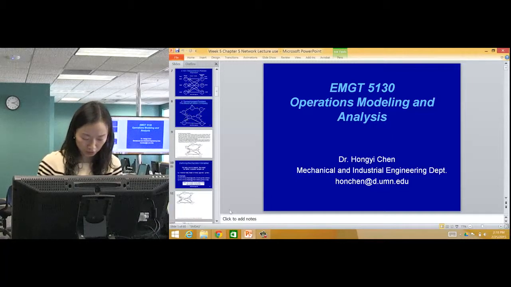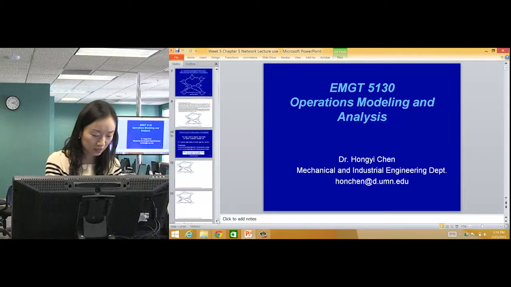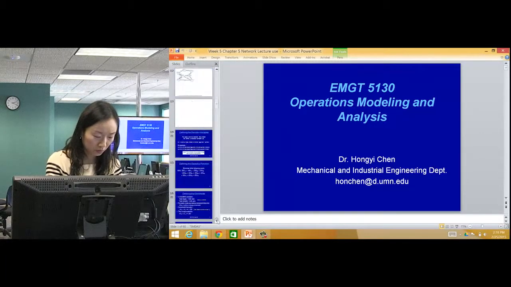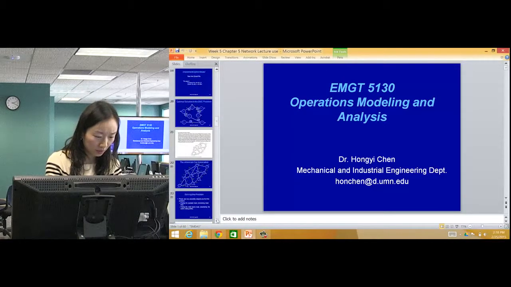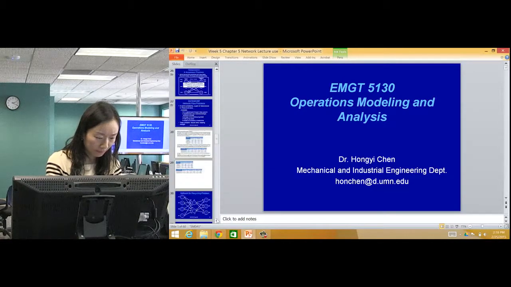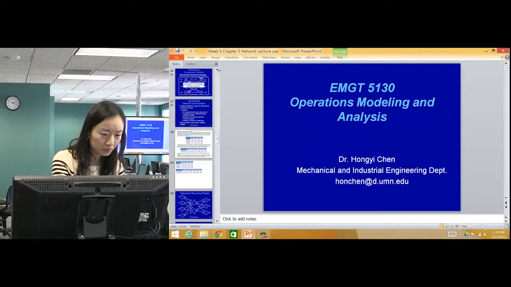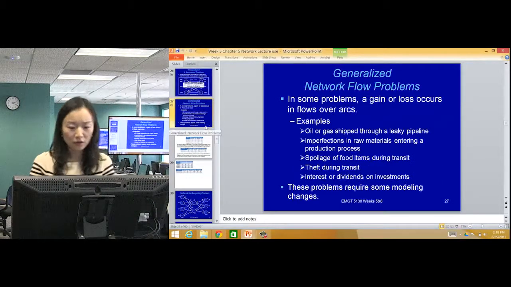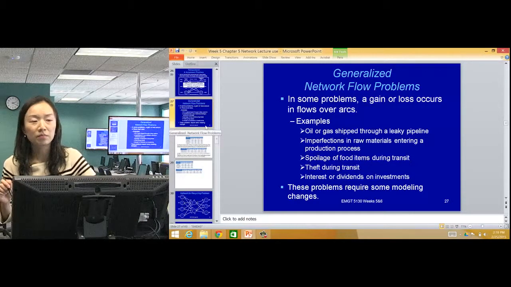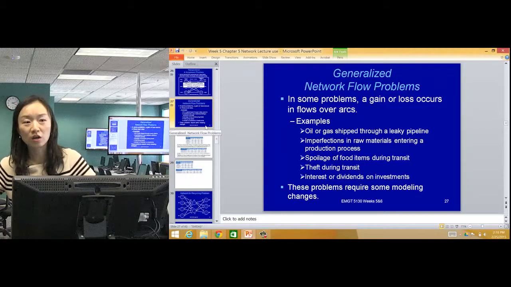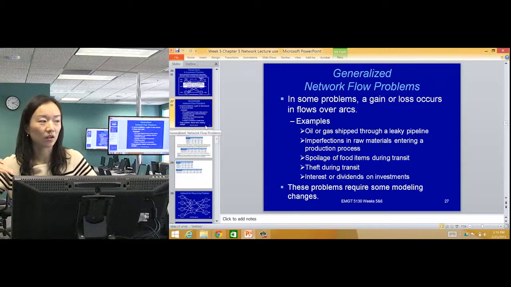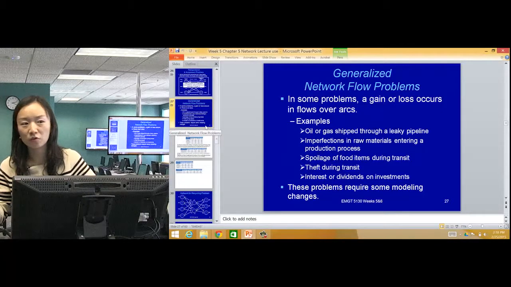And then the third one we talk about is the generalized network flow problem. In those kind of problems, the flow does not always stay the same on an arc. Okay, so when you send out a certain amount of flow from a node, when it reaches the destination, the flow may increase or decrease.